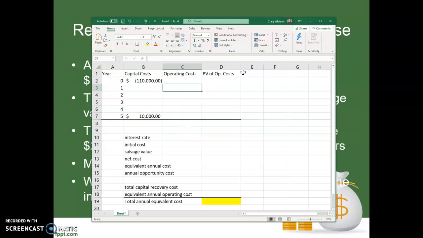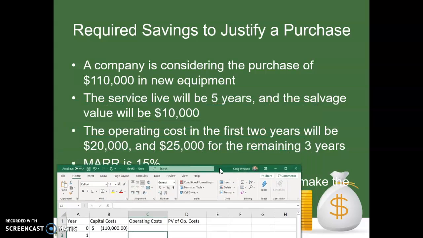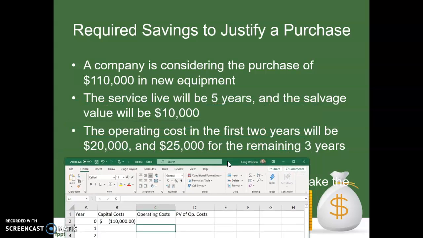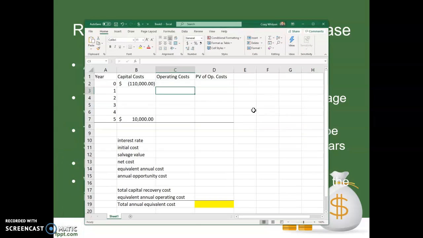Now, over the lifespan of the equipment, in the first 2 years, it's going to cost $20,000 to operate. And again, I should make that negative because it is a cost. It's an outgoing cost. That's for the first 2 years. And then for the last 3 years, it's going to be a negative $25,000 cost.